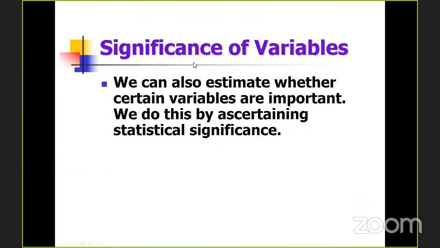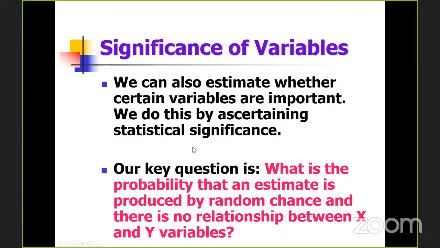So we also need to understand the significance of variables, and perhaps most people already understood this. What you want to know is what is the probability that the estimate that you get from a statistic is produced by random chance, or is there actually really no relationship between the two variables that you're measuring by a statistic? We've looked at correlation, but there are others.